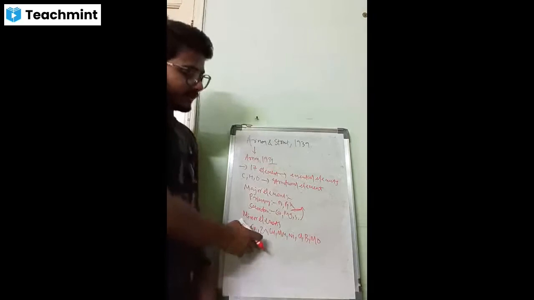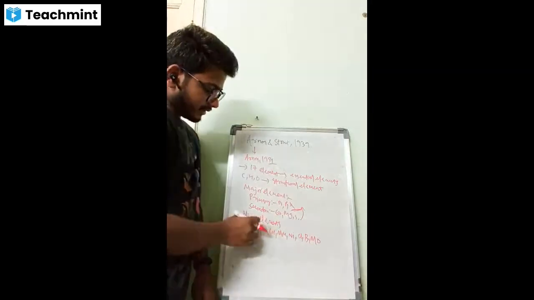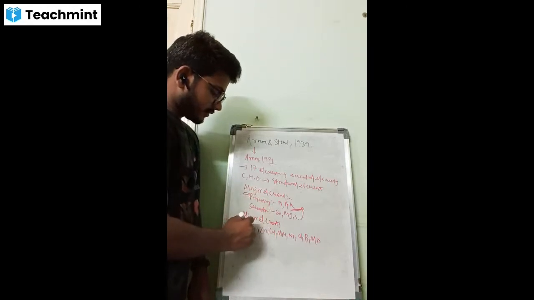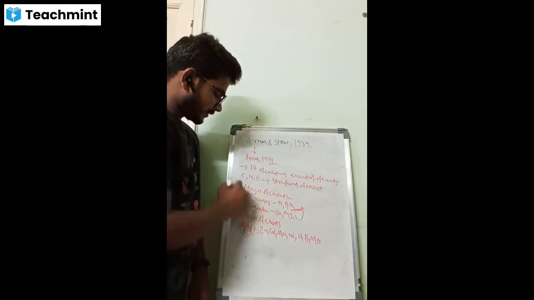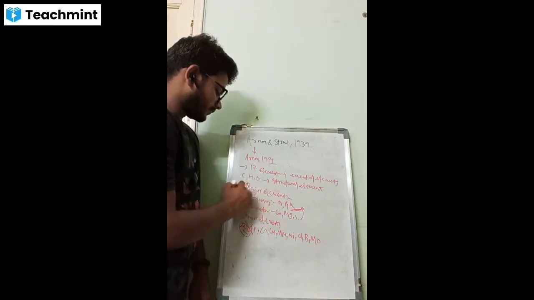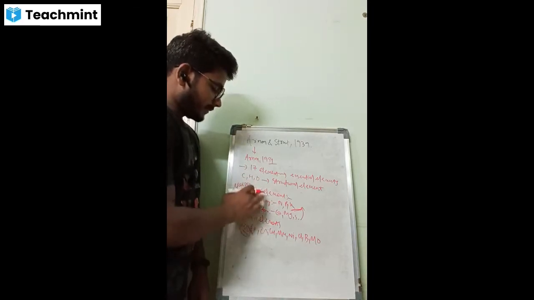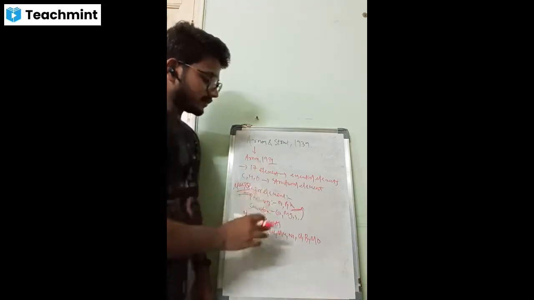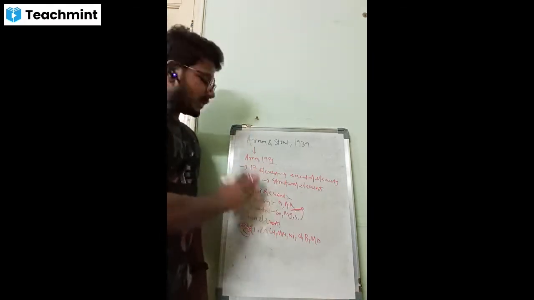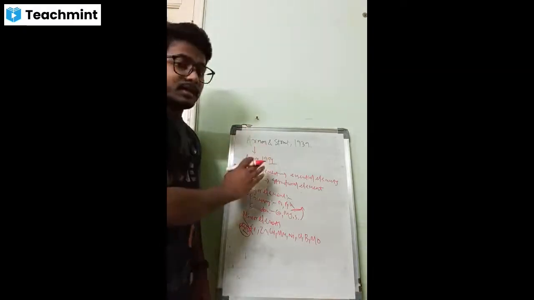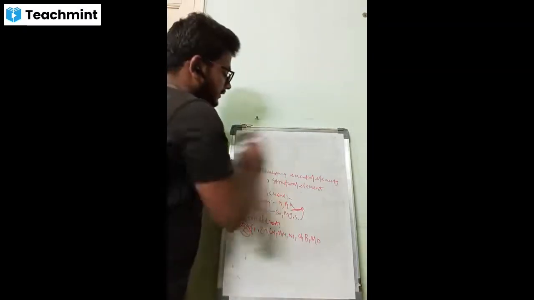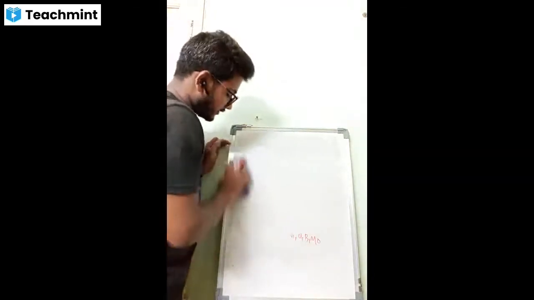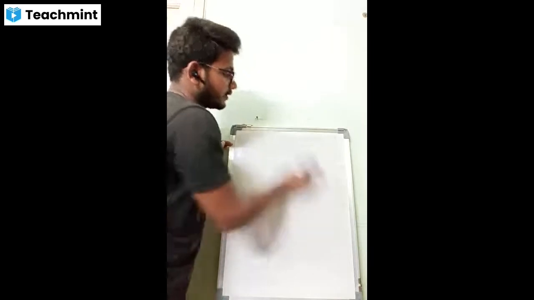So these are the micronutrients, or minor elements. Major is macro, minor is micro. C, H, O are structural elements. These are the 17 elements according to Arnon in the year 1939. These are the elements most essential for plant growth or metabolism.